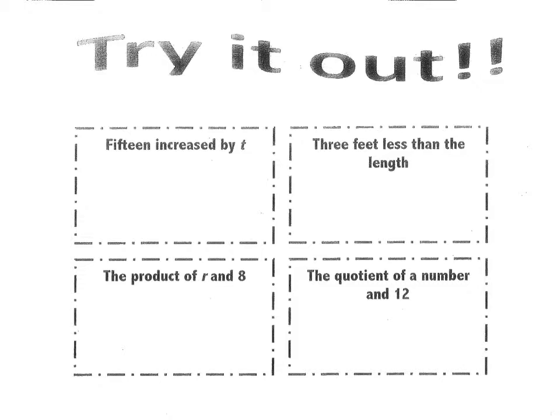Now what I like to tell people is when you write a word problem, start with the very first word or number that you see and just write it exactly as it sounds. So this says 15 increased by t. So start with the 15, okay, increased by, that's one of our key words that means addition.